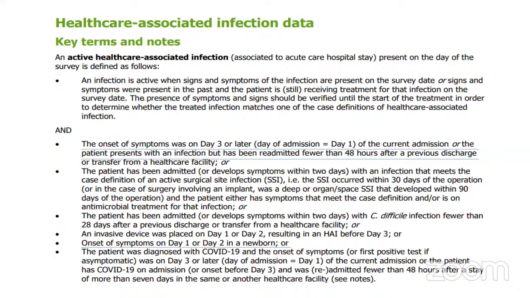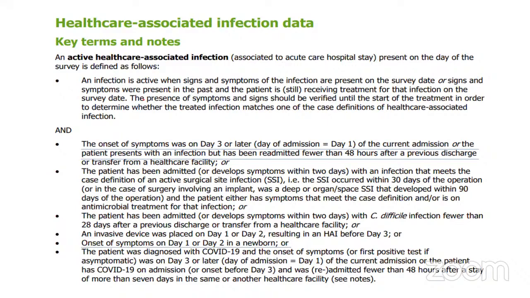But if you look at that second bullet, for patients who had surgery, for surgical site infection, that period is much longer, 30 days post the surgical procedure. And then they say for other surgeries that involve an implant, that goes up to 90 days.